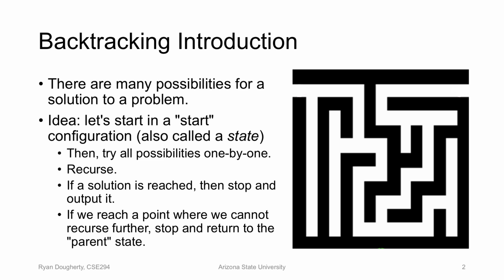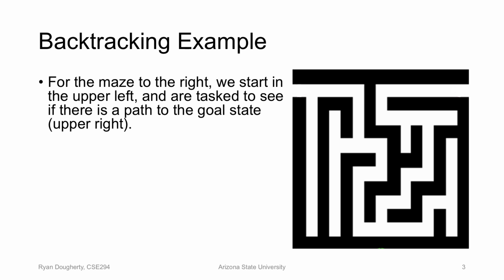So as an example here, we have a maze, and the goal is to find a path from the upper left white cell to the upper right white cell. As you can see, there are some ways that you'll get stuck. Like if we go down from the second cell all the way down, we will get stuck.